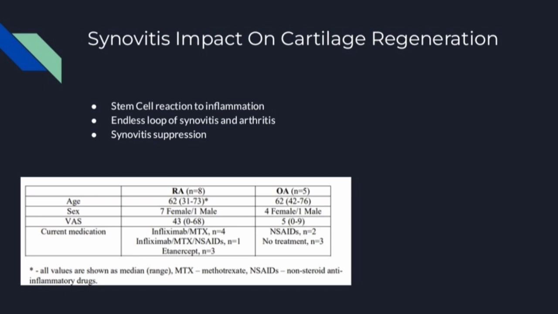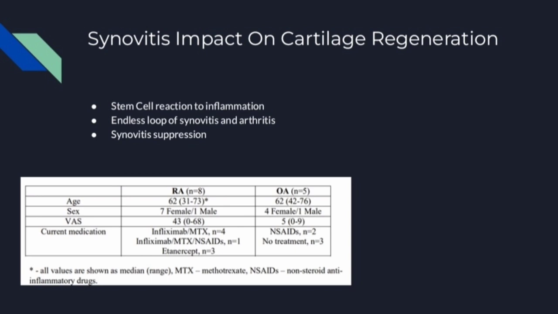I added in a figure down below that represents the demographic of a research project that was done. It breaks into two categories of rheumatoid arthritis and osteoarthritis, and a total of 13 patients were viewed with an average age of 62 years old.